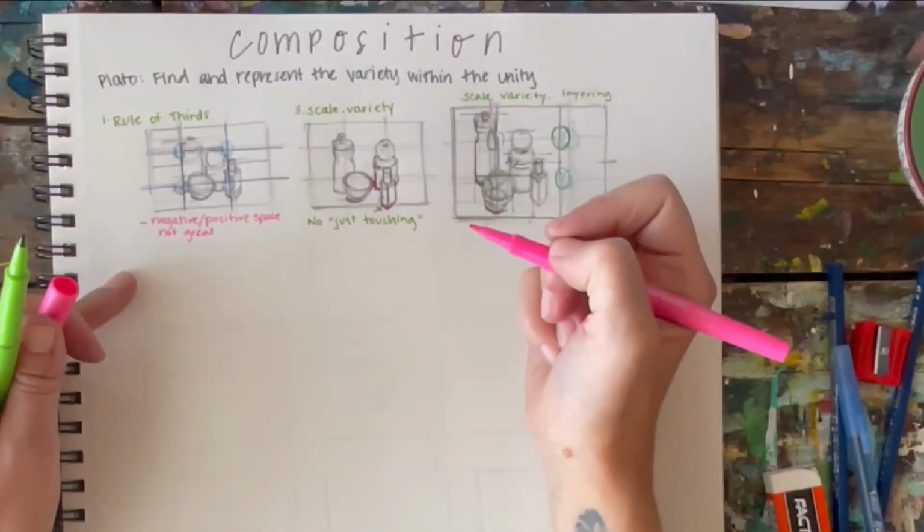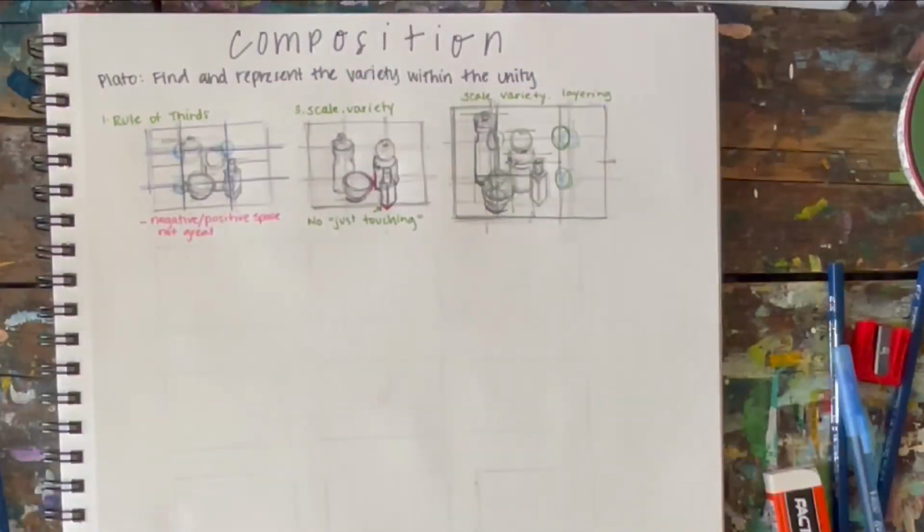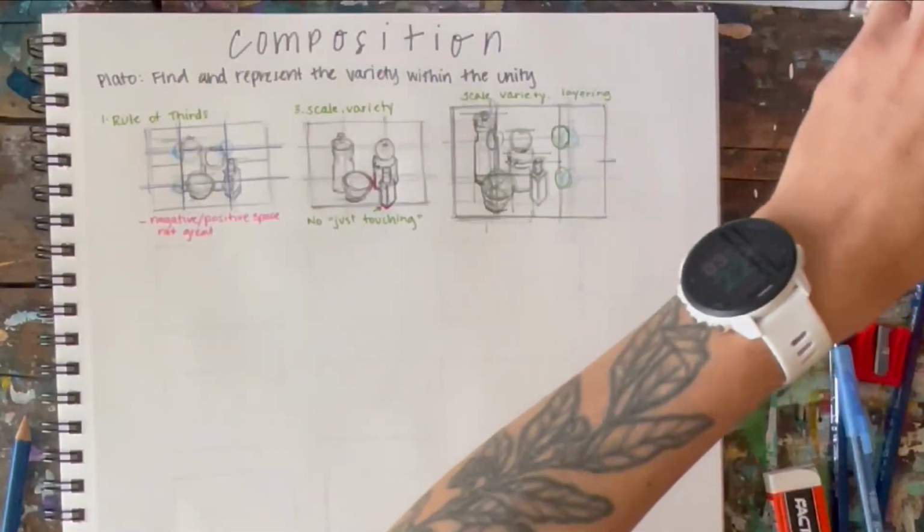It was just this big circle. Whereas this one had much more interesting negative space. I'm running out of space to write that, so maybe I'll just add it down here. A plus, I'm going to put it in green. Negative and positive space, better. Check mark. Okay, moving on.